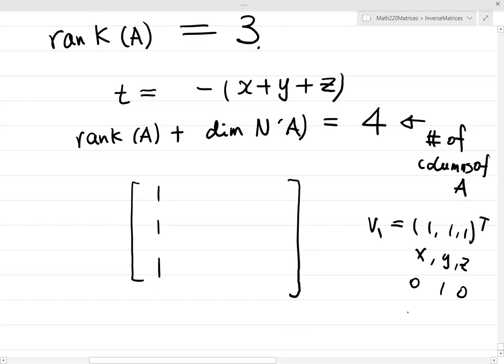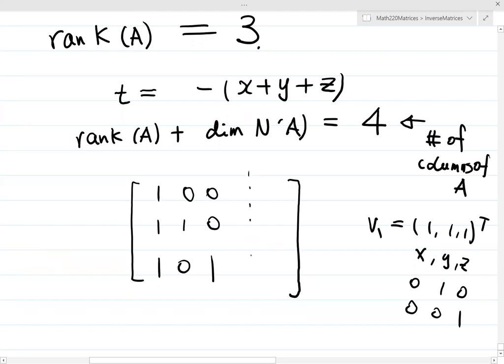And x is 0, y is 0, z is 1. So then we get 0, 1, 0 and 0, 0, 1. Now this actually has rank 3. The 3 vectors are linearly independent. If you do any linear combination, you cannot get 0 unless it is the zero combination.